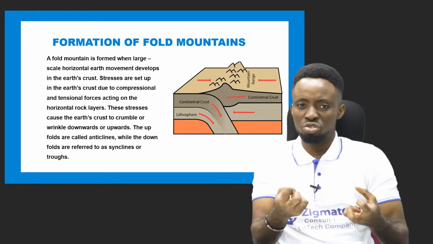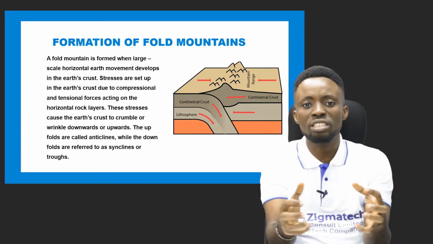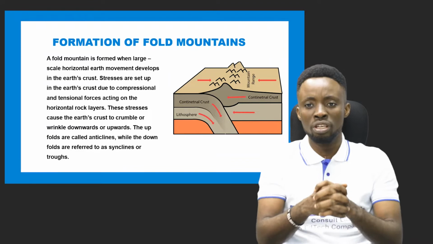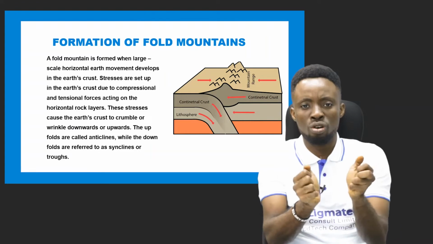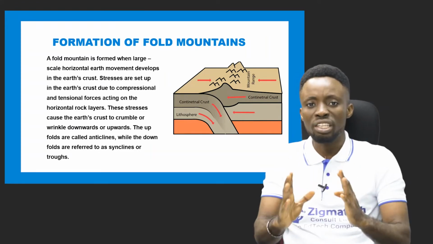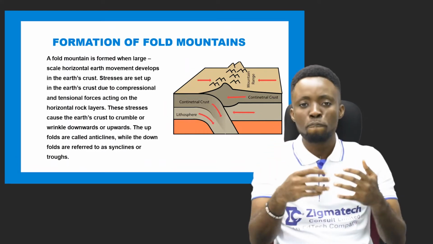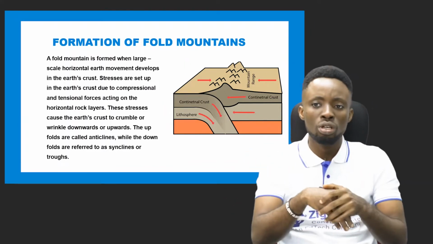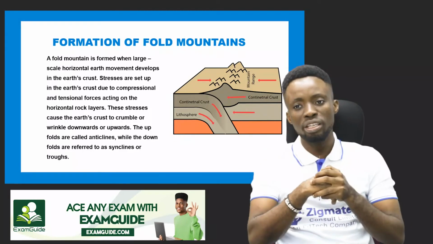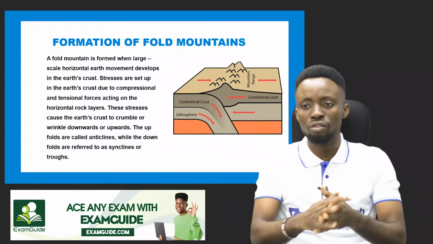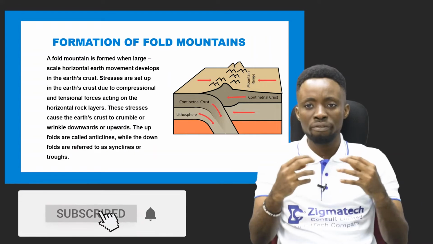As a result of that stress, we begin to have what we call compression and tensional forces acting on the tectonic plates of the earth crust, causing the horizontal rock layers to squeeze or crumble or wrinkle downwards and upwards. When it's wrinkling upwards, we call it an anticline. But when it wrinkles downward, we call it a syncline. Also, anticlines are seen as crests, while the synclines are seen as the troughs. So, that is basically how the fold mountains are formed.